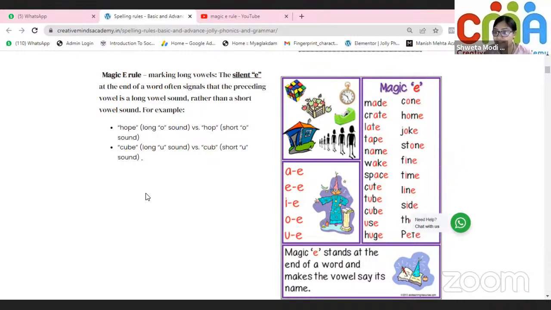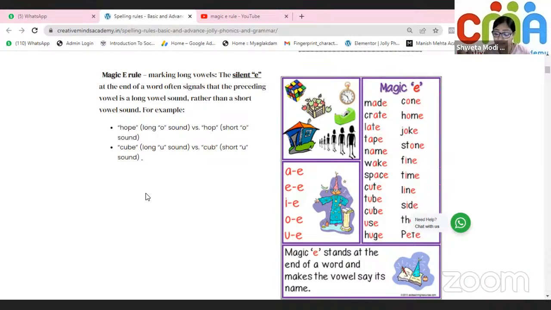So in my next webinar, I will discuss this, and you have 1 week to find out whether magic E rule is applicable only to the monosyllable words. Now we have already seen some words, so try to gather some more information, and we will be discussing it again.